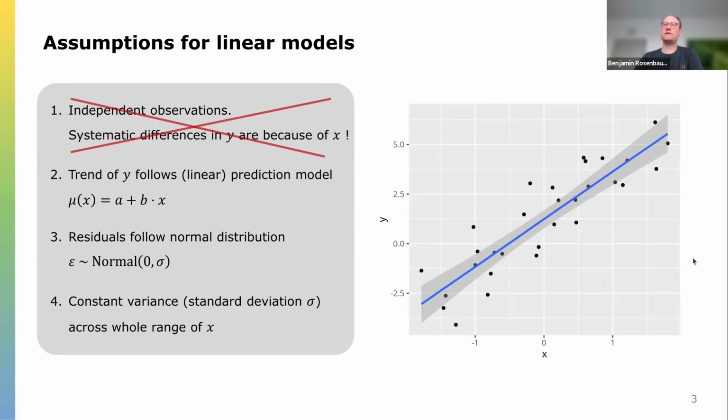So if all these observations are not independent, but are maybe collected at different locations, so maybe this data set comes from 4 locations, so your data is grouped.